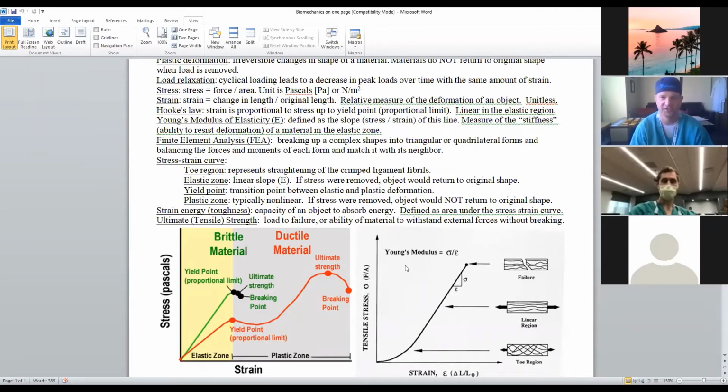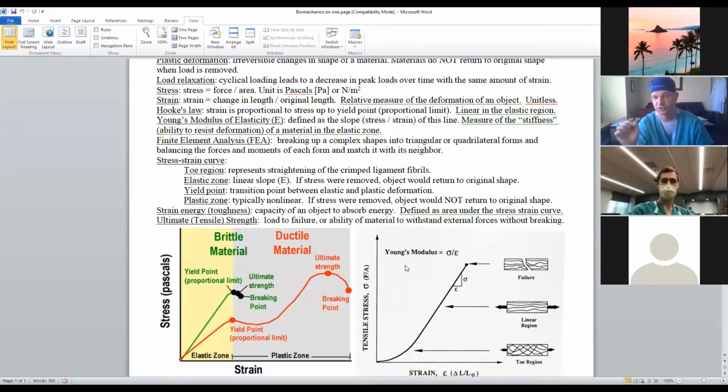There was a question several years ago about what finite element analysis is. It's basically breaking up a complex shape into much smaller and simpler shapes. If you remember from high school or college physics, you can do free body diagrams to figure out the resultant accelerations or deformations on different bodies. They take a very complex thing, break it up into much simpler things, and for each part they balance the forces as well as the moments.